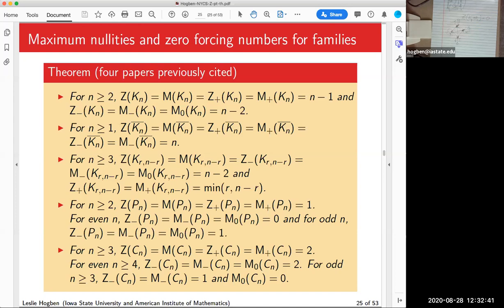Not that they're harder, they just haven't had as many things done so far. But there's a lot of stuff known here. And these 4 papers previously cited, these are the ones for the maximum nullity is less than or equal to the 0 forcing number. And there were 2 of them for skew forcing because we have both skew matrices and hollow matrices.